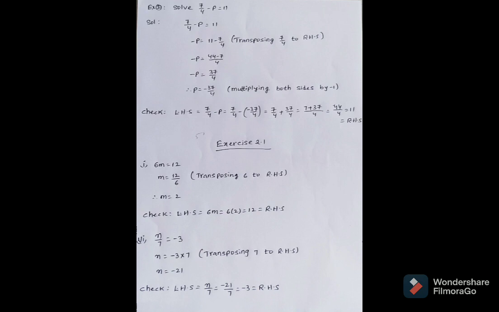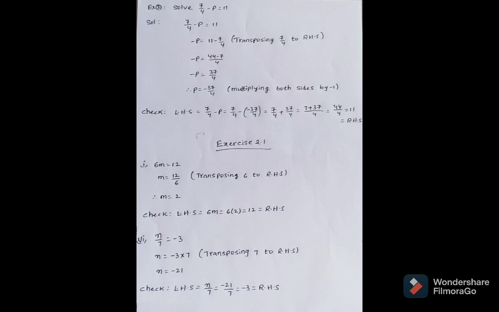Another example. Solve 7 by 4 minus p equal to 11. Given equation is 7 by 4 minus p is equal to 11. Transpose 7 by 4 to RHS, it will change to negative, minus 7 by 4. So minus p equal to 11 minus 7 by 4.